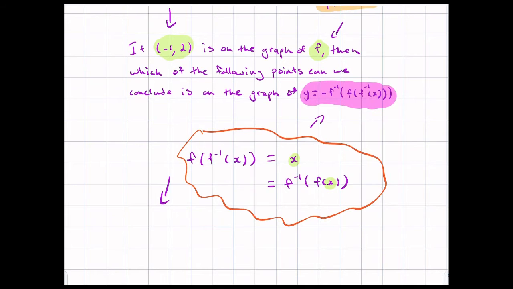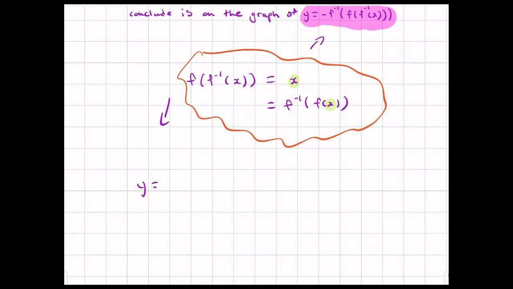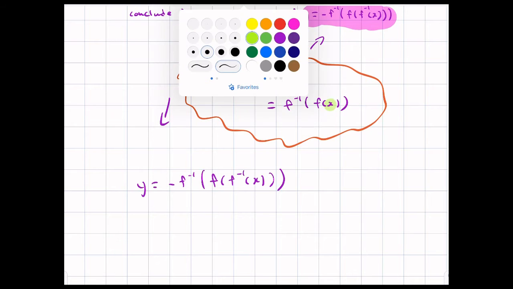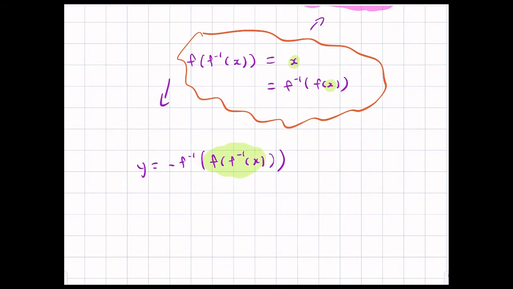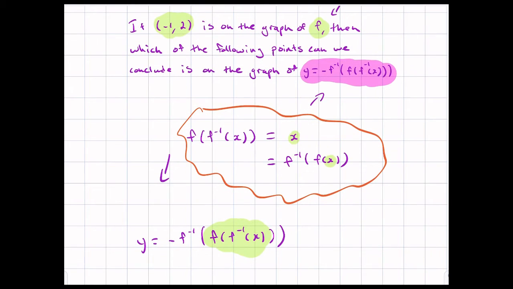The point about this is that I can then take this y is equal to negative f inverse of f inverse of x, and say, all right, well, I know from this relationship that f of f inverse of x is just going to be x, right? Those two will undo one another.